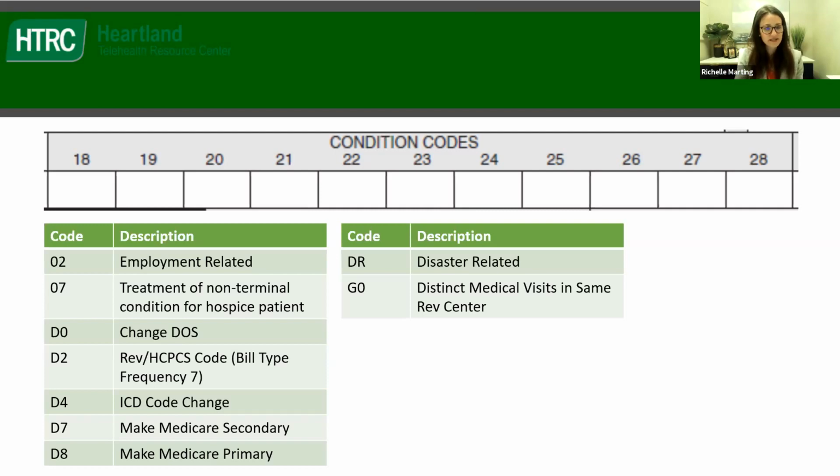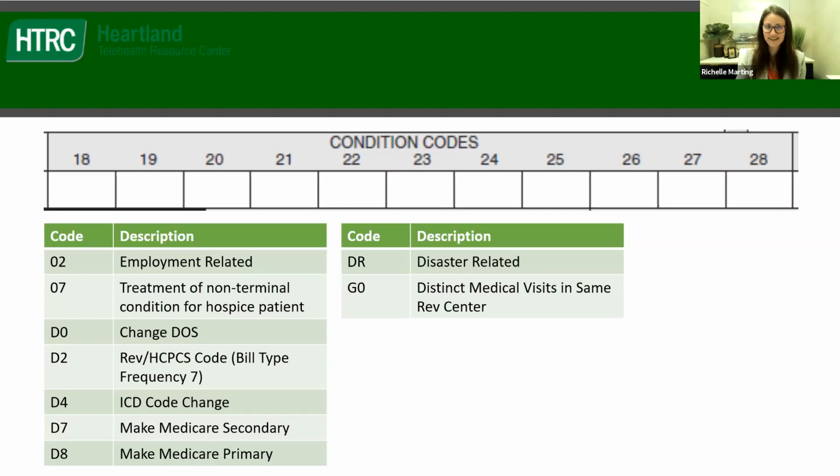And then with RHCs and FQHCs, where you typically get your single all-inclusive encounter rate for a day of service, there may be circumstances where you have distinct encounters on a particular day for the same patient.